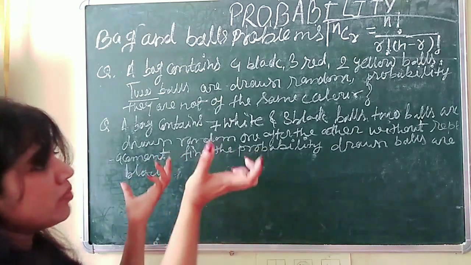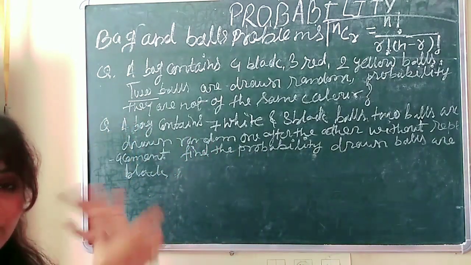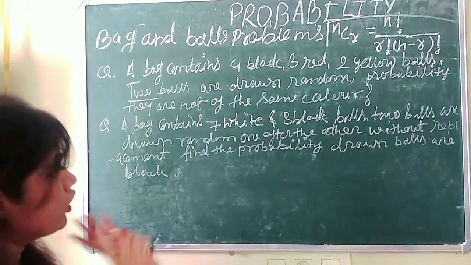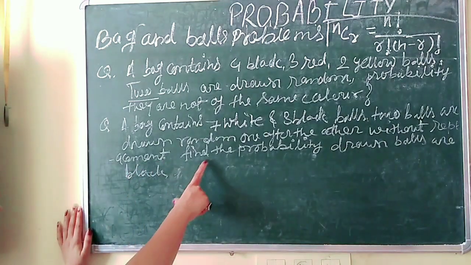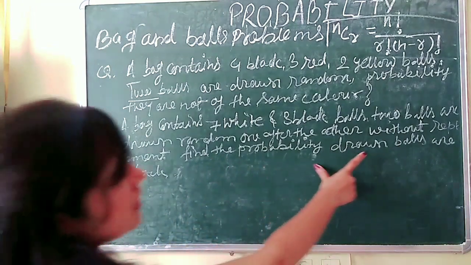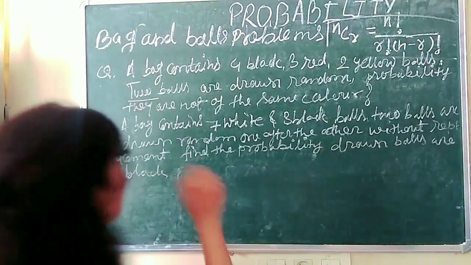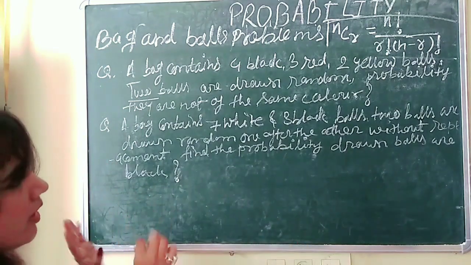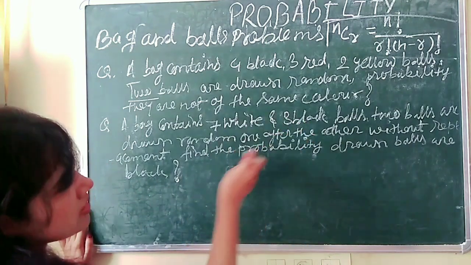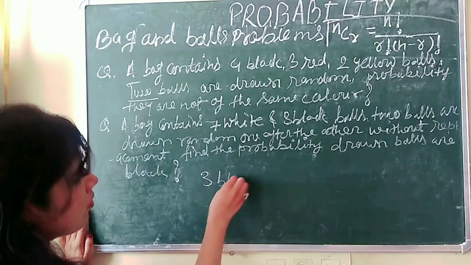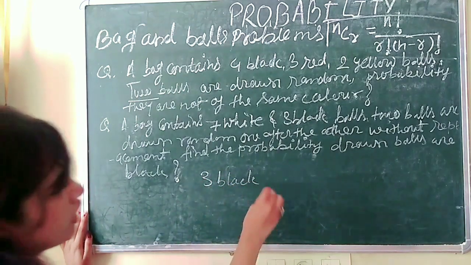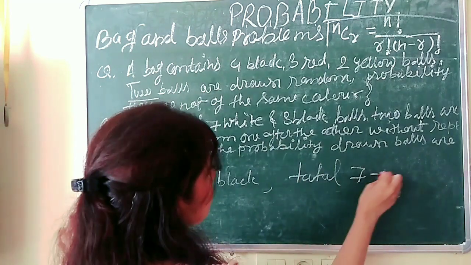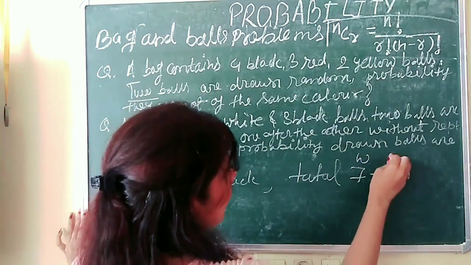First one ball is drawn and then after that the other ball is drawn. It asks to find the probability that the drawn balls are both black. So how many balls are black here? 3 black balls. And the total number of balls is 7 white plus 3 black.